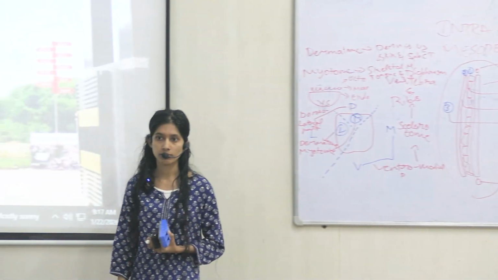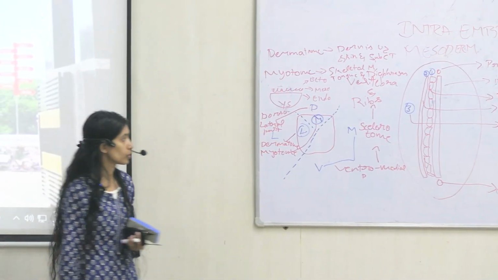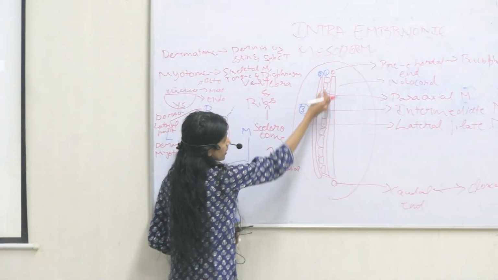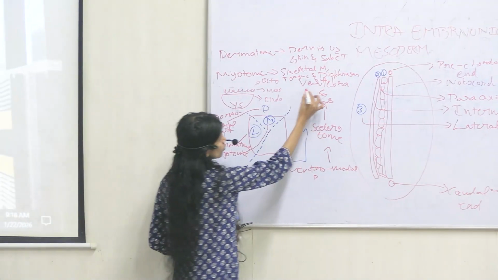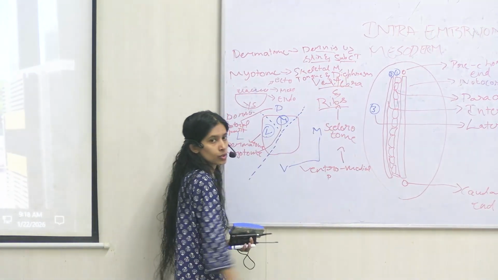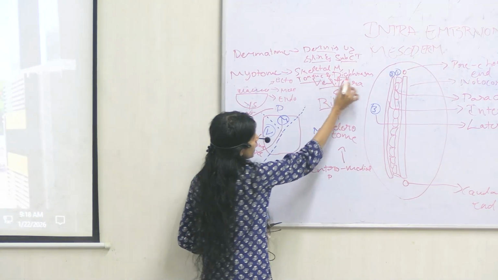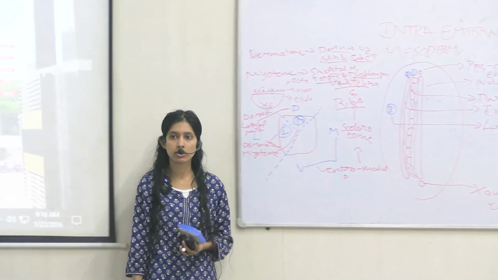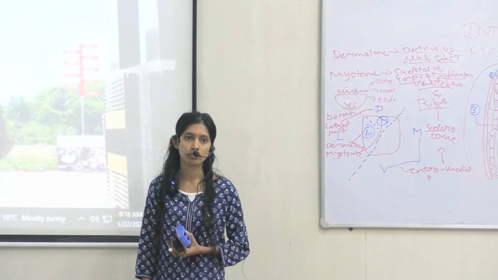Is it clear now? Any doubts? So your entire paraxial mesoderm will give rise to vertebrae, ribs, dermis of skin, subcutaneous tissue, skeletal muscle, tongue and diaphragm. Any other structures from the paraxial mesoderm?